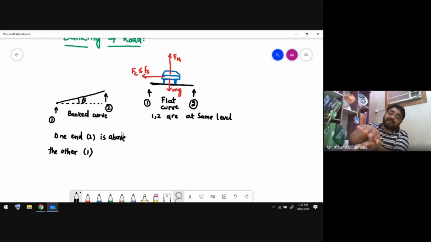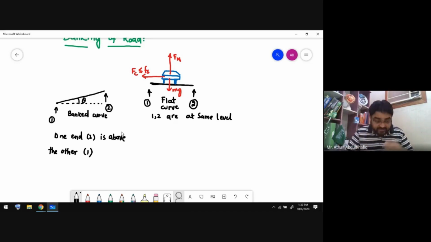So why do we make the curve banked? Because if there is less friction or we don't want friction to be involved, just make the curve a little bit banked, so it will be a support.